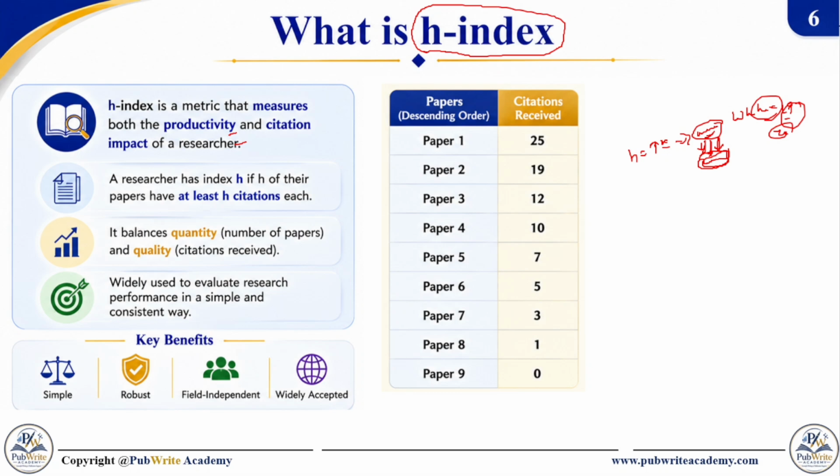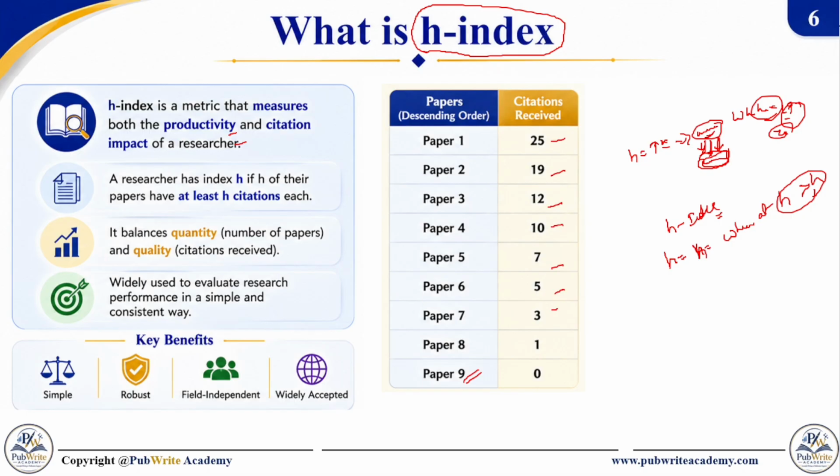This researcher has 9 papers, and these papers have 25, 19, 12, 10, 7, 5, 6 citations.